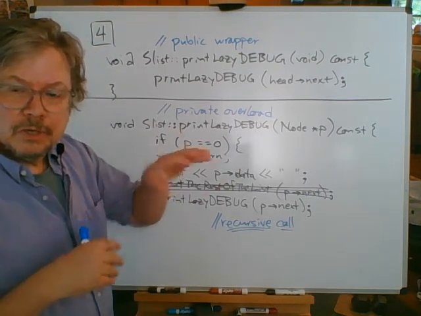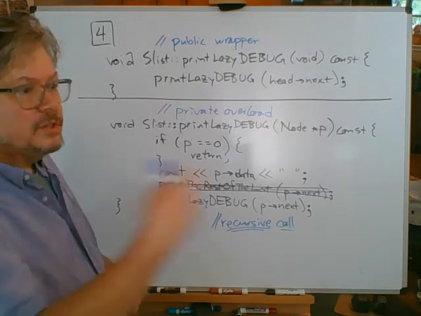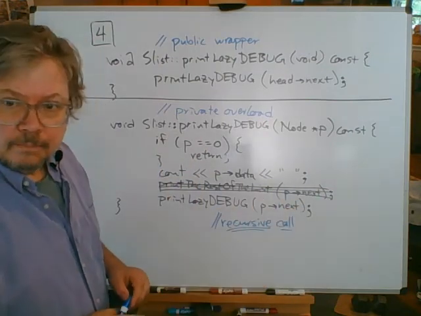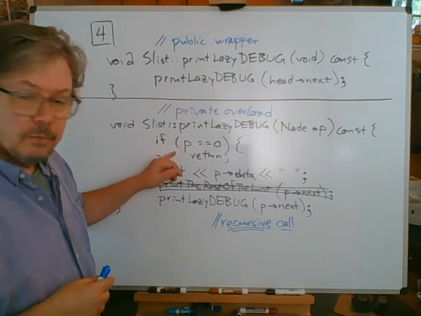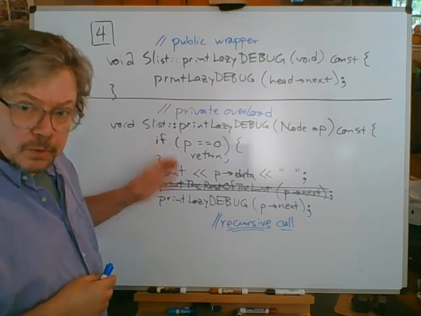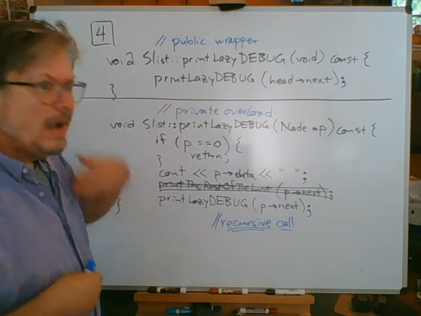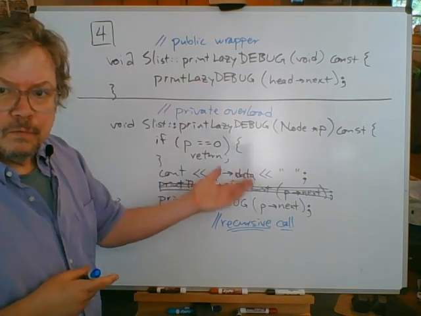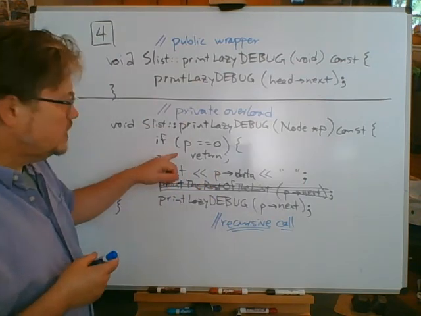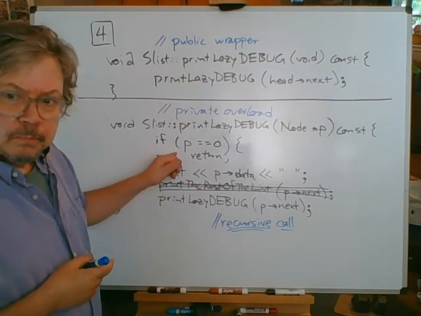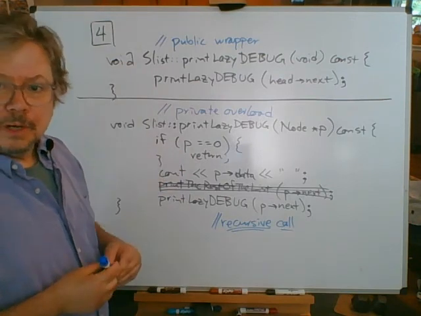Iterative means it's not recursive. Iterative means you're going through a loop. Recursive means you're calling itself over and over and over again. This is the analog of that, a rough equivalent. It's sort of like a while loop, except instead of a while, it's a function calling itself over and over again. We have to test at the beginning. If we shouldn't be here, then go back. That's what ends the while loop.